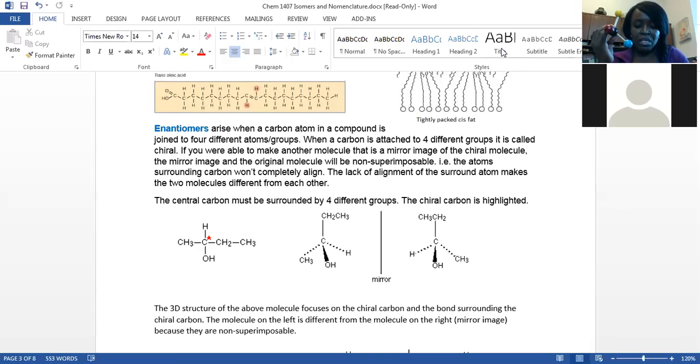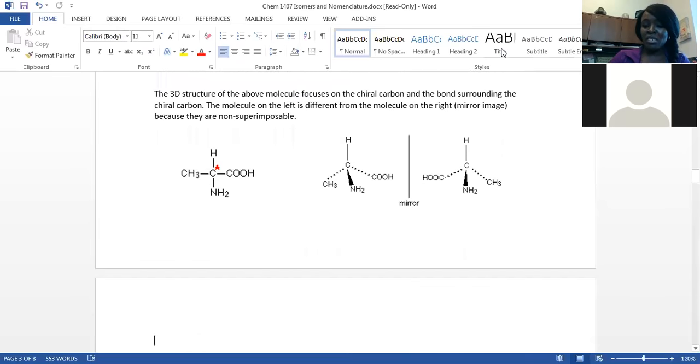Because sometimes when it comes to the biological system in biochemistry, the molecule on the right will interact differently with your body than the molecule on the left. That's when you have a medication, especially painkillers or a lot of asthma medication, to tell you, well, this medication will help to dilate your bronchioles so that you can breathe better, but then here's all these horrible side effects, and then they write it in very small font, right? And then you have to read all that before you take the medication.